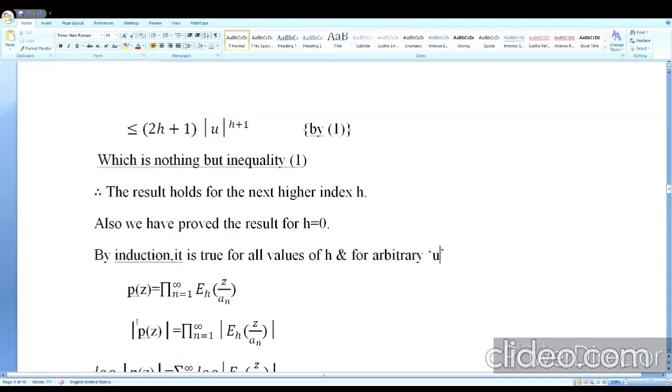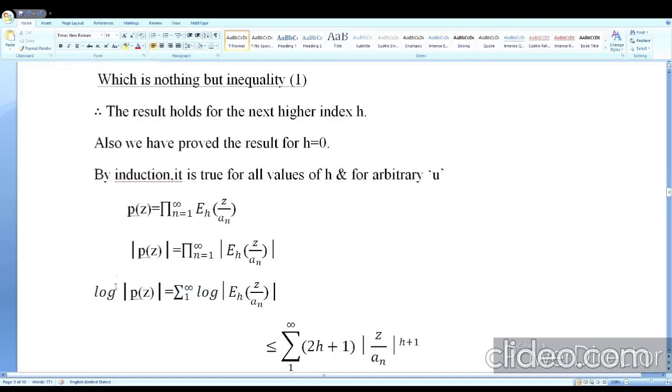Now, let us consider the canonical product P of z, the product with n varying from 1 to infinity of E_h of z by a_n. Take modulus on both sides. Modulus of P of z is the product of moduli. Take log on the product, we get the summation of log modulus of E_h of z by a_n.